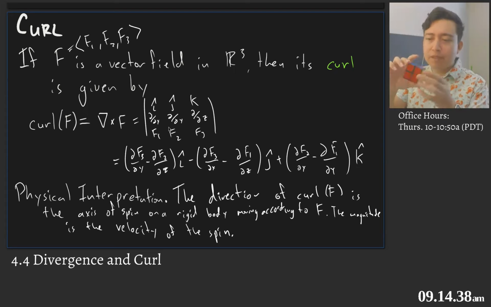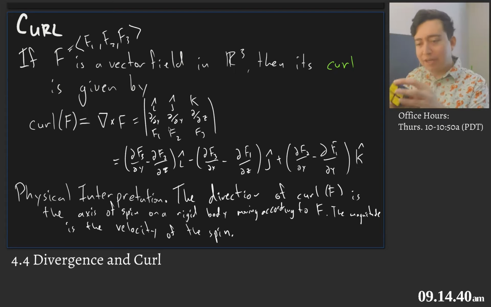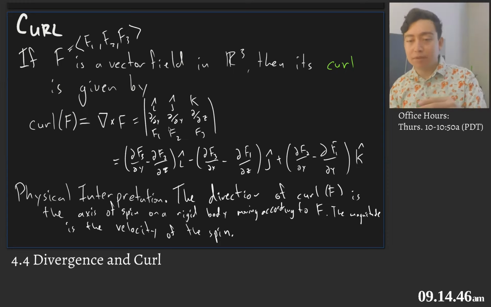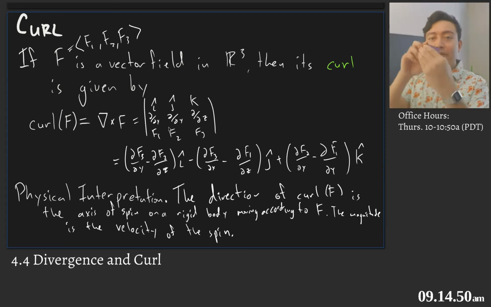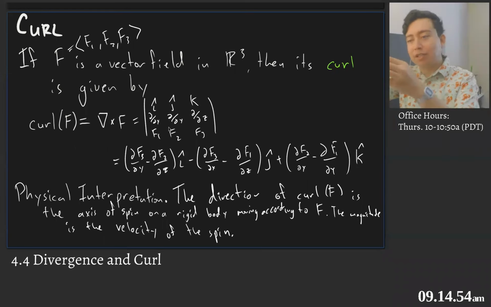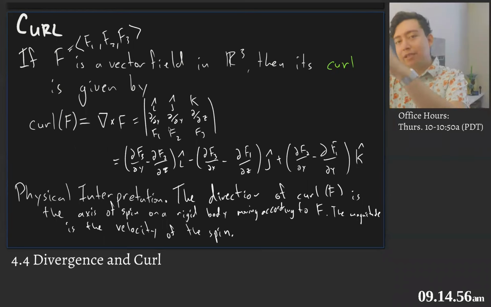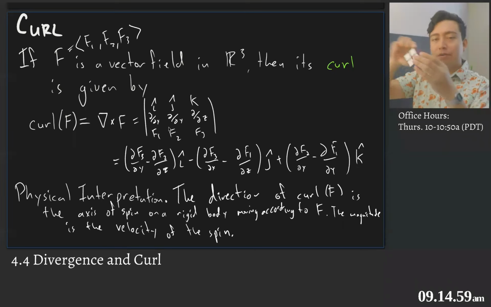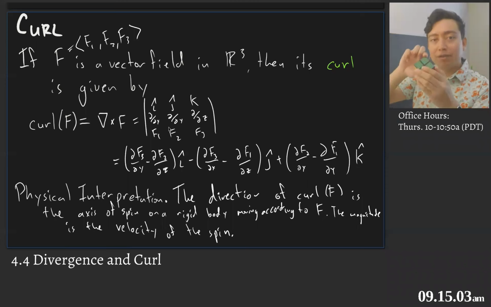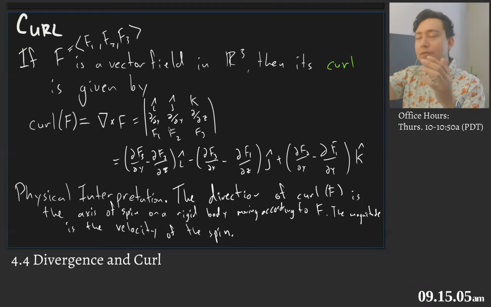Okay. And so it might spin kind of weirdly, but no matter how it spins, there's some axis of rotation for that spin, at any given point. And now that axis might change over time. For example, if it's spinning like this, but then the vector field is causing it to do something like this, and now it's spinning like this, the axis of rotation may have changed as it moved through the medium.